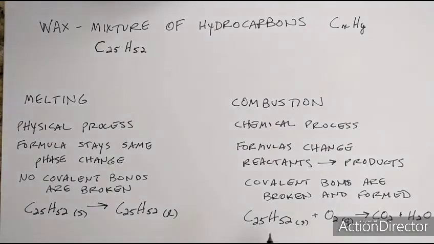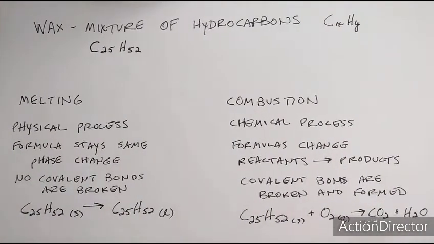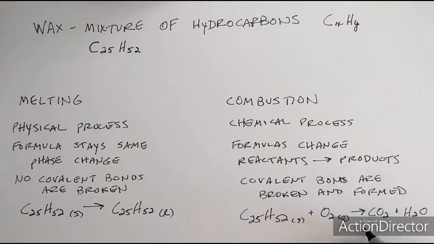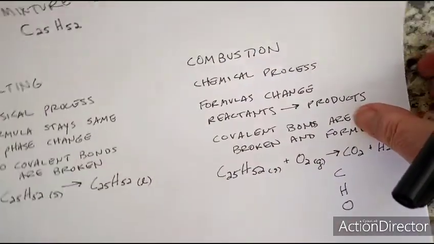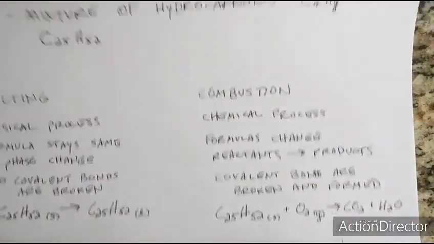So I will leave you to balance that equation. You know how to do that. Even though we have these larger subscripts here, the process is the same. It's a CHO reaction, so balance your carbon first, then your hydrogen, and of course leave your oxygen till the end. All right, so you're going to balance that.